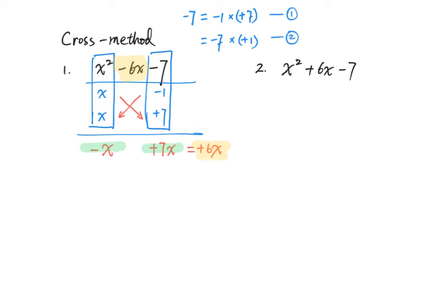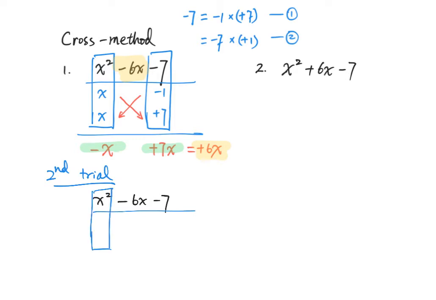So let's see the second one. Okay, the second trial. So x squared minus 6x minus 7. x squared can be factorized as x times x. This time we choose the second way to factorize -7: -7 times +1.